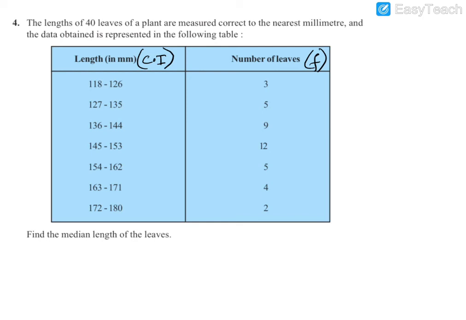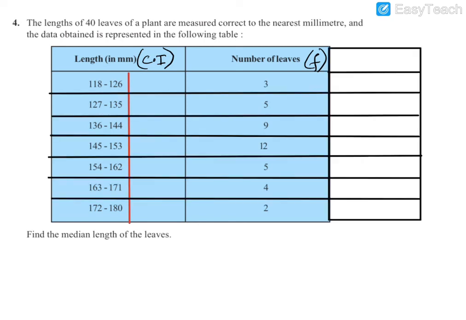Since we need to substitute class size in the formula, we need to make these class intervals continuous. To make these class intervals continuous, you will subtract 0.5 from the lower limit and add 0.5 to the upper limit. So I'm going to write the converted class intervals next to these intervals over here. I've added a new column.